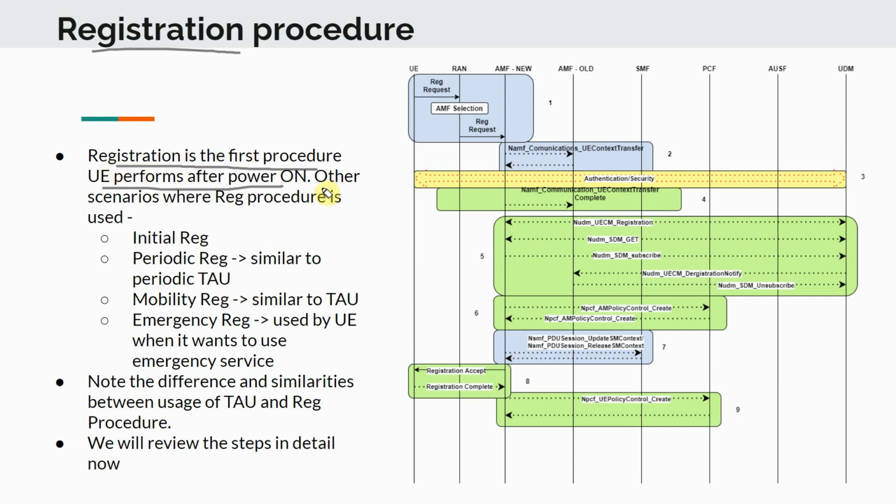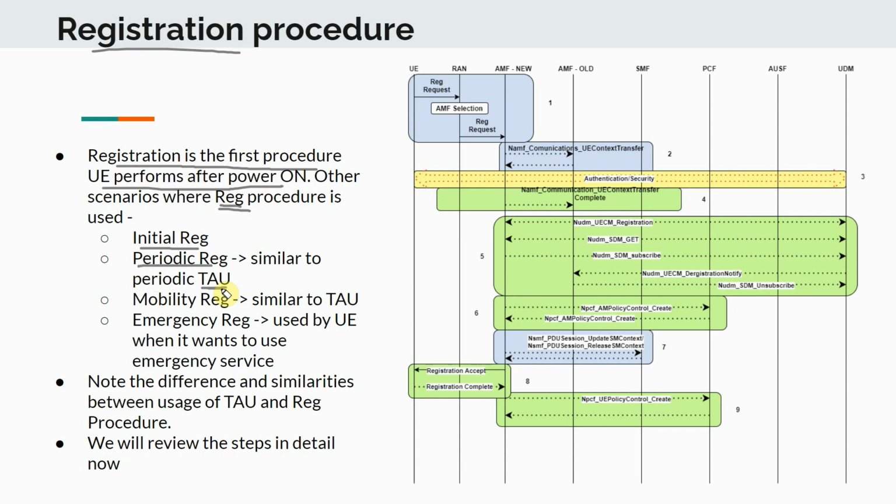Other scenarios where the registration procedure is used are the initial registration that we referred to here, power on, and then there is a periodic registration. This is similar to what we had in the 4G world, which was called the tracking area update procedure.